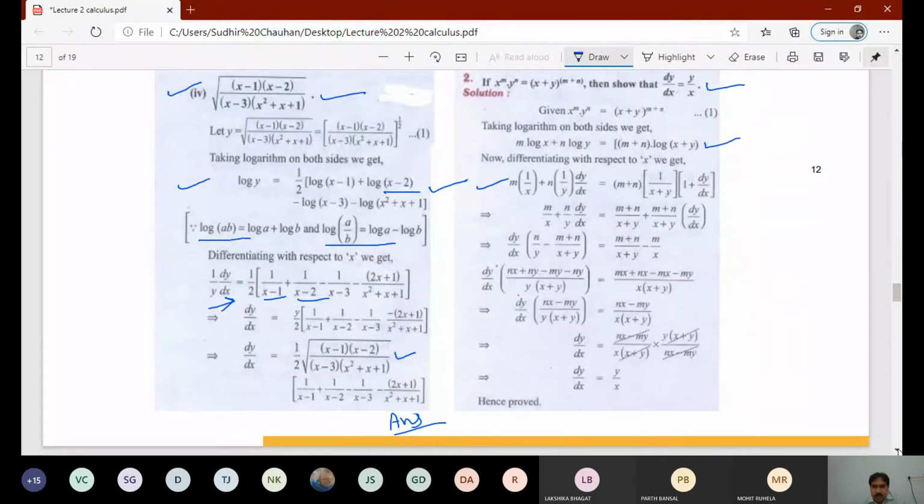So now we can differentiate with respect to x and then we can simplify it. So here we can take common dy by dx on one side and then we can cancel. Its value is y upon x.